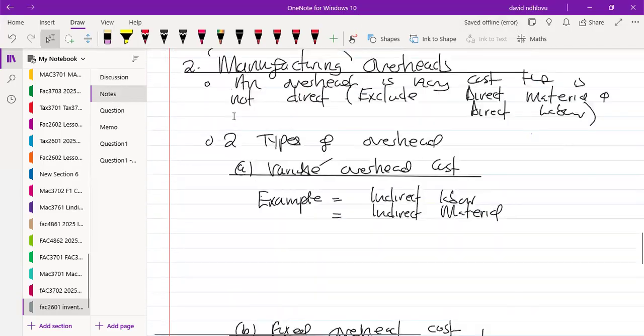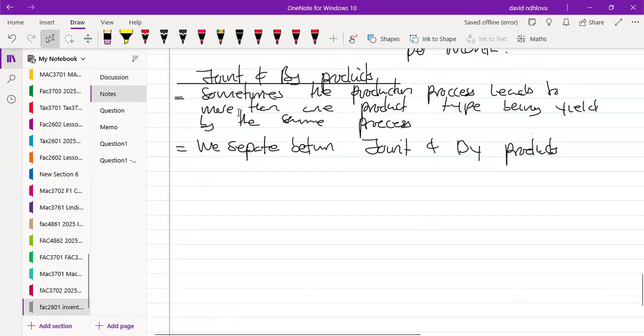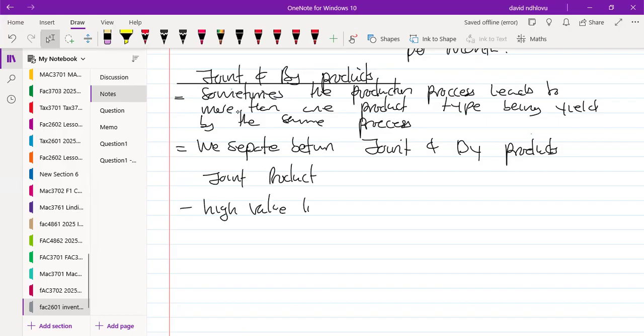So you need to know the difference between the joint and the byproduct. We have mentioned that we separate between the joint and the byproduct. The joint products are high value in total. This here is planned production.